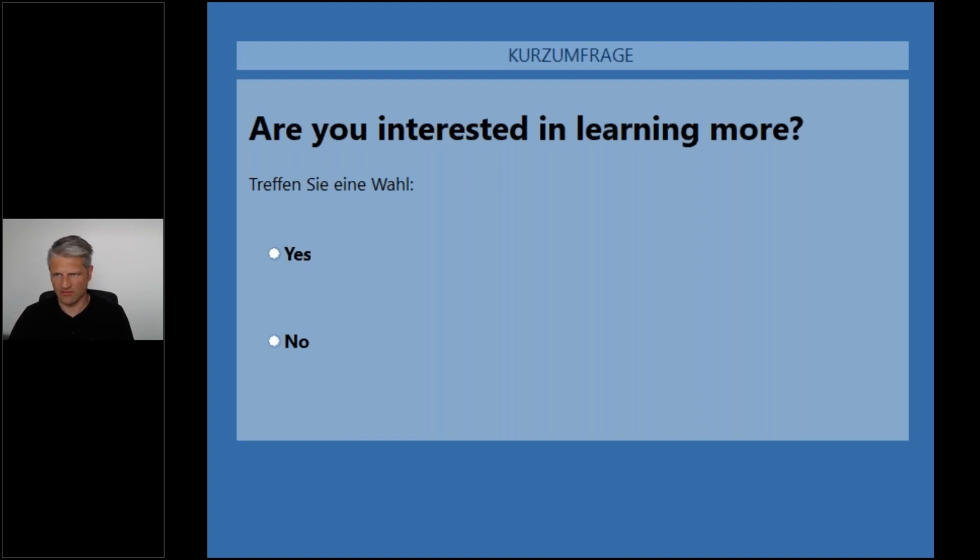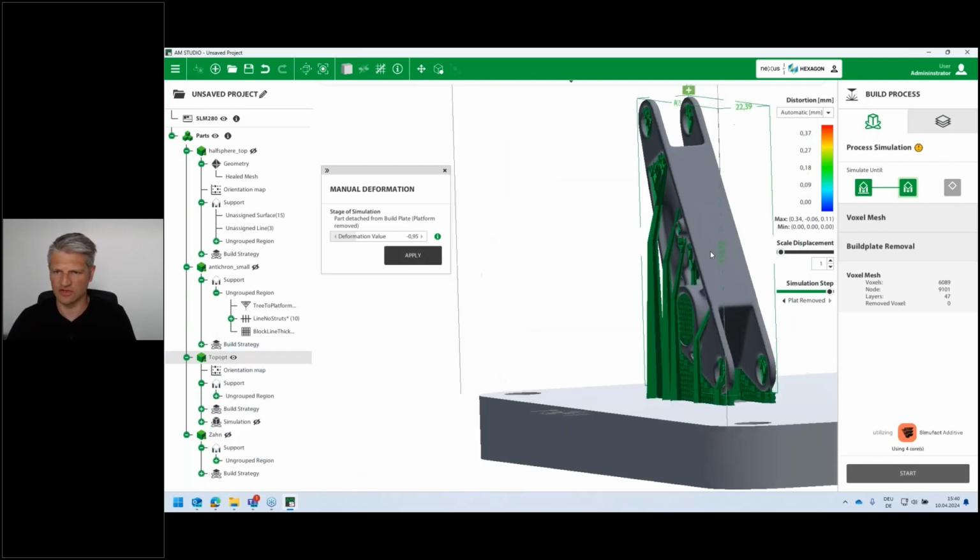In the next release, we will also offer the functionality of support removal, so you can also simulate how the part will deform when the supports are removed, and then you can see the results. We can now apply a deformation or pre-deformation in this case. So we take the simulation results and pre-deform the part in a way that is beneficial later on.